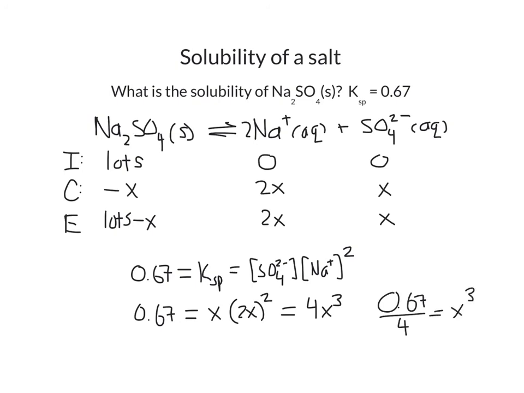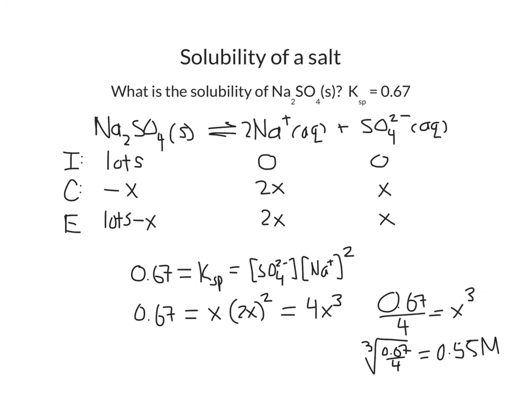So I'm going to need to take the cube root of 0.67 divided by 4, and that is equal to 0.55 molar. And I know that it's molar because my equilibrium constants are always in terms of molar concentrations when I'm talking about solution phase reactions.